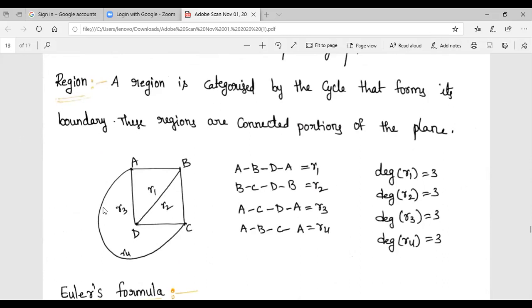So let us consider an example. This is the given graph A, B, C, D, and it has four regions.